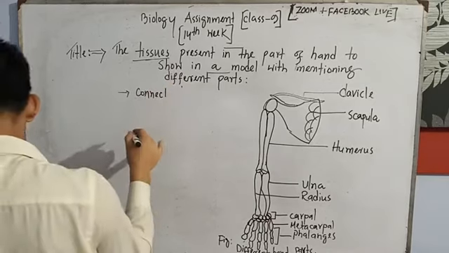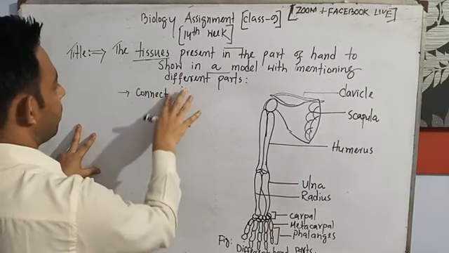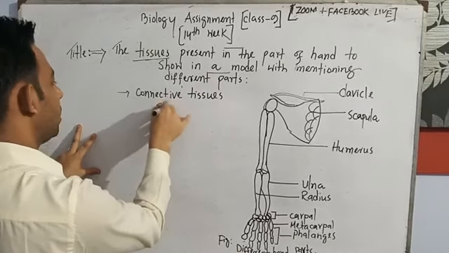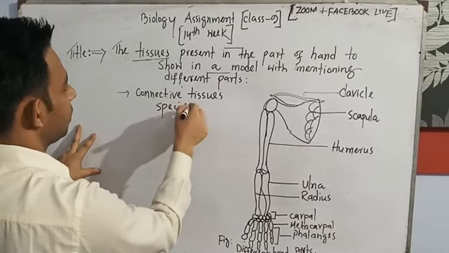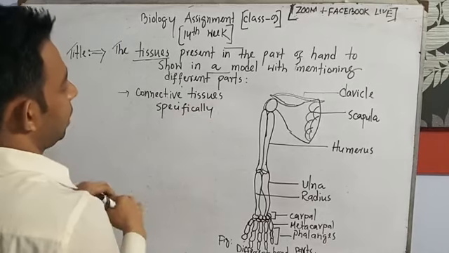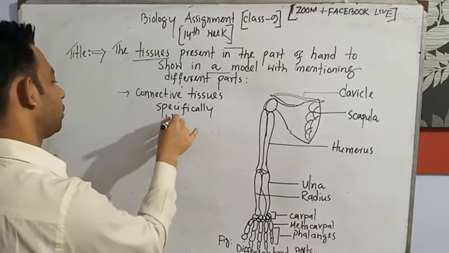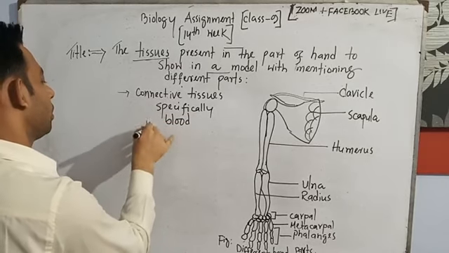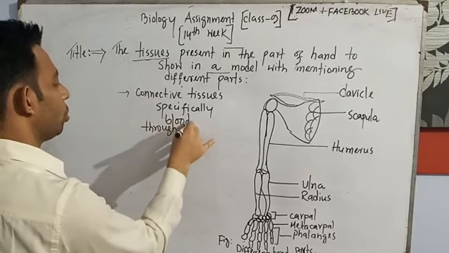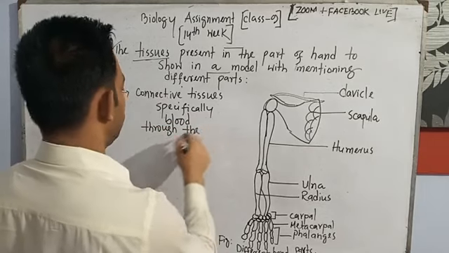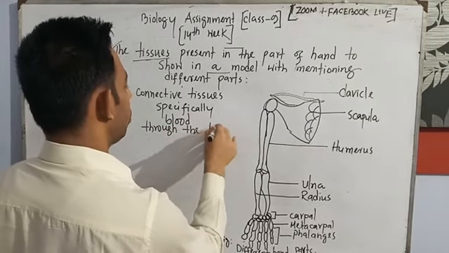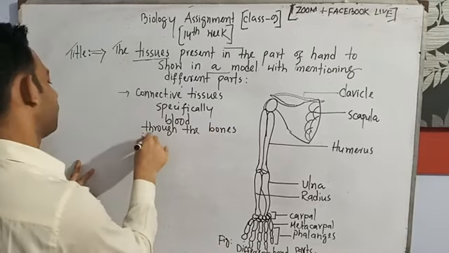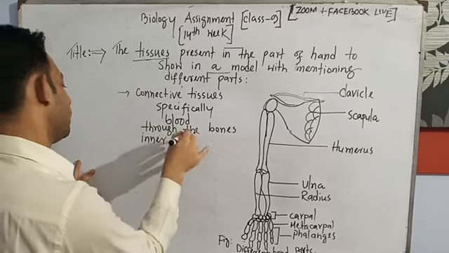Where you will write, I will just tell you here: connective tissues, specifically blood, connective tissues through the bone's inner side.